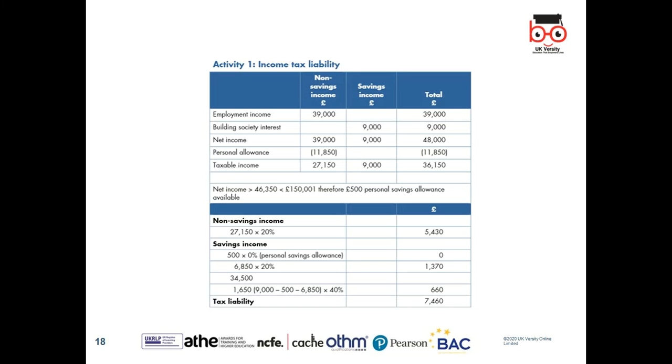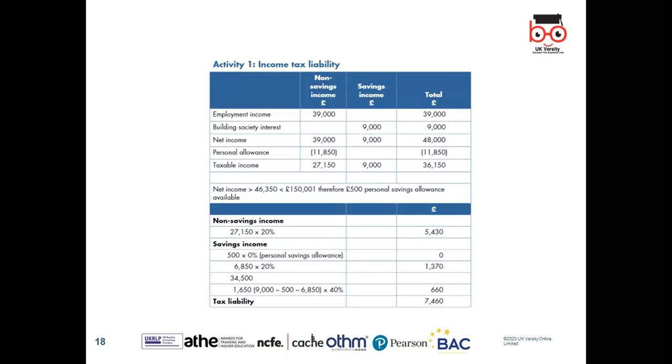If you look here, first we put the employment income, then minus the personal allowance of 11,850. I could apportion it, but I don't want to; whichever way I do it, my tax will be the same.